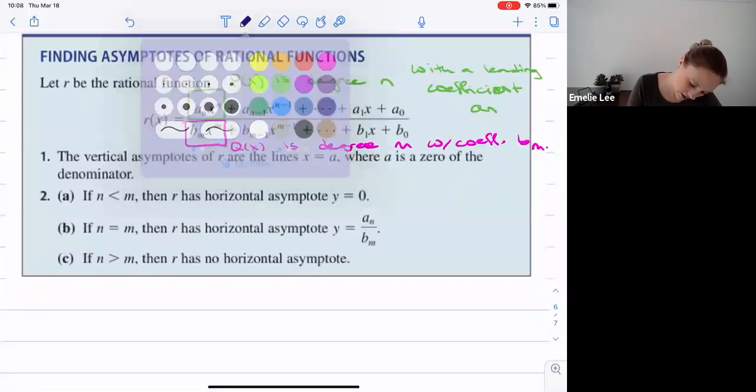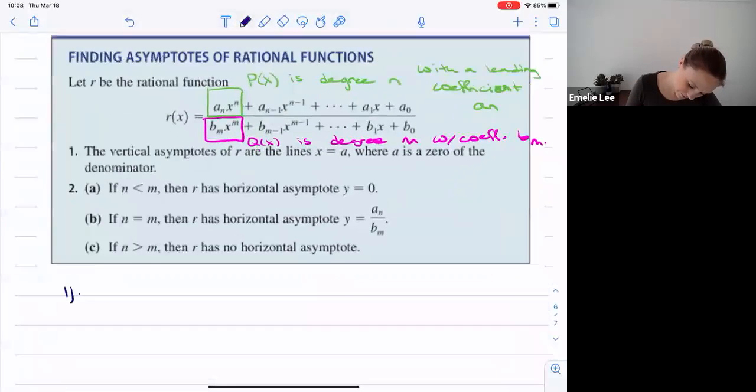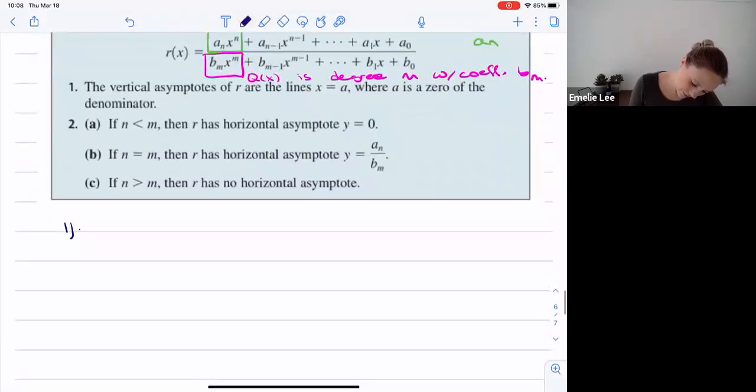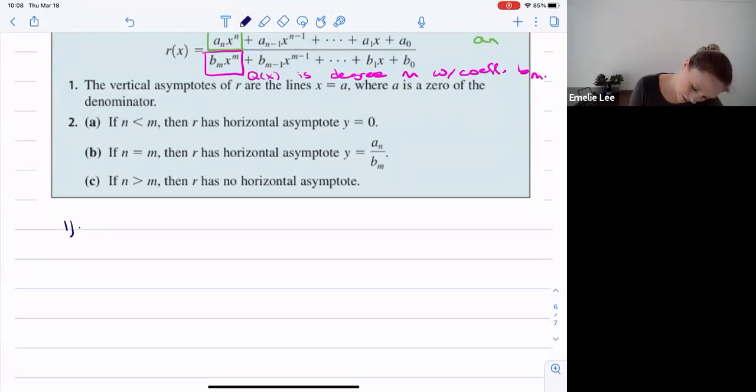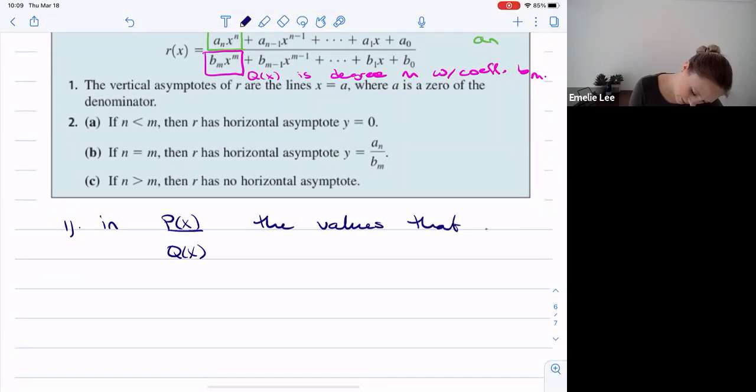And just to write this out, the first point says that in p of x over q of x, the values that make q of x equal to 0 are not in the domain.